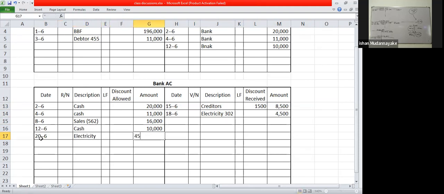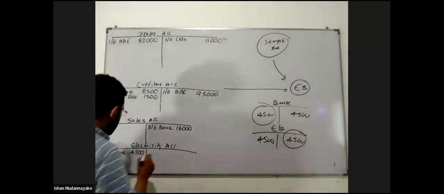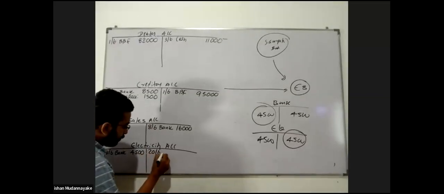Electricity 4,500. Bank account debit 4,500, return check, and then electricity account credit 4,500. Bank account debit, electricity account credit, 20th June.